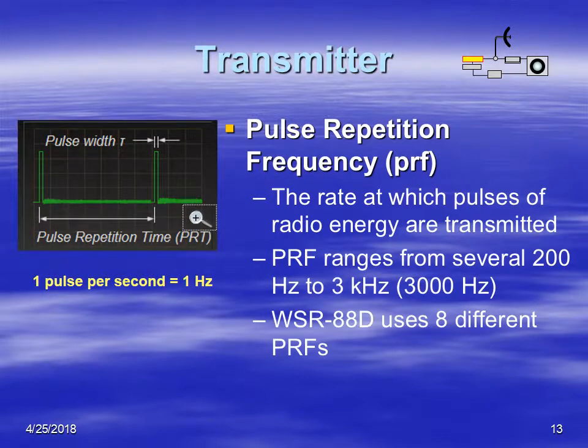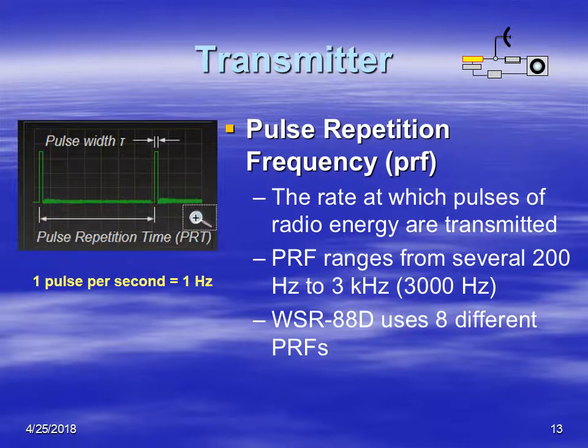And then the pulse repetition frequency, abbreviated PRF. PRF is how many times per second the transmitter is turned on. So again, going back to our analogy with a light in a room and a light switch, how many times you can turn that light on and off, on and off, on and off, that would be your pulse repetition frequency if you measure the number of times that you turn it on and off during 1 second.